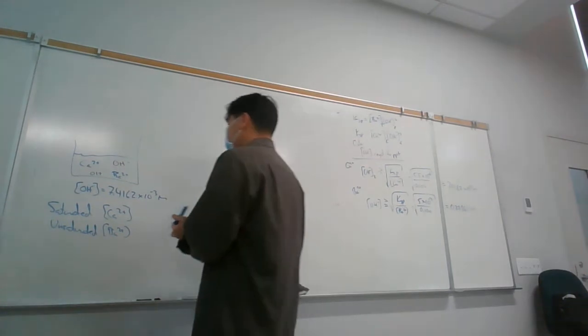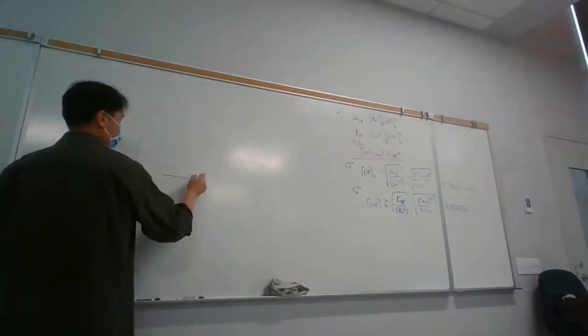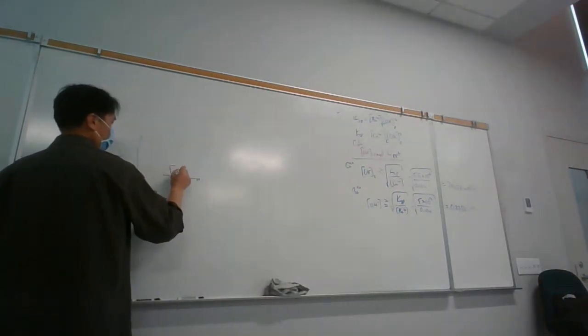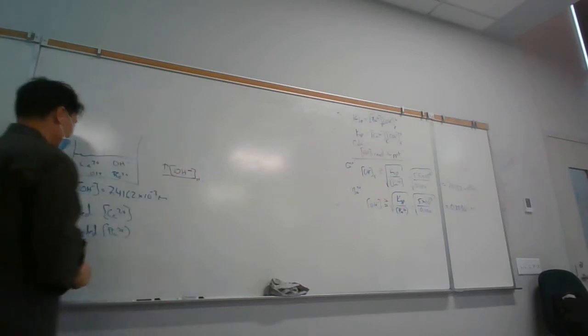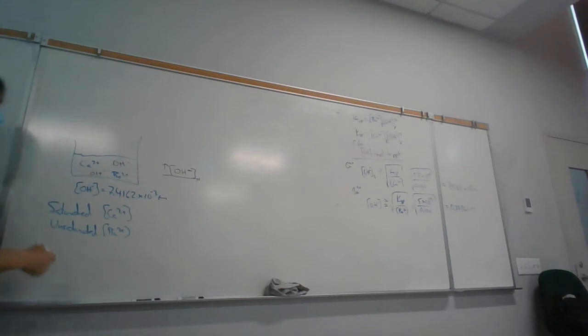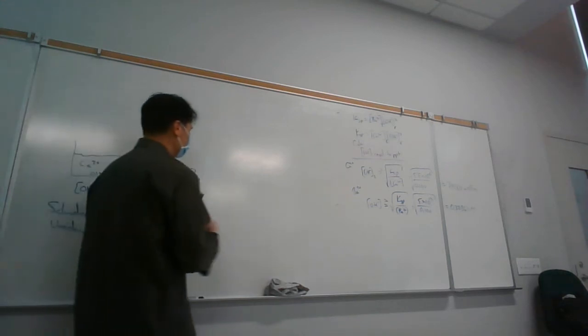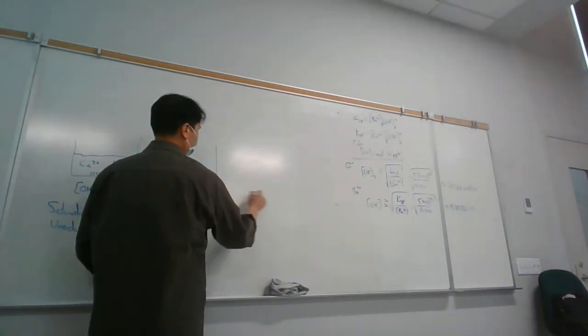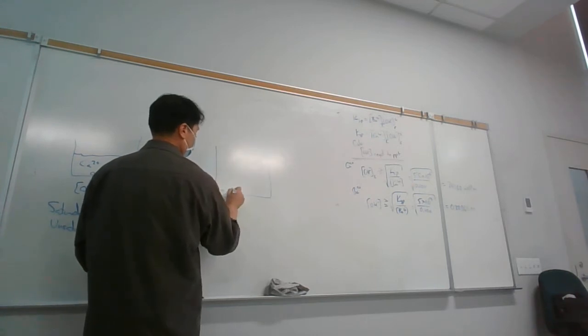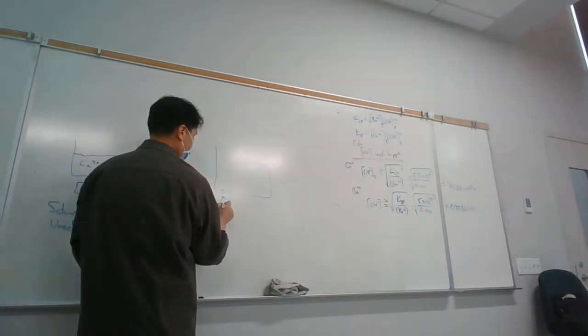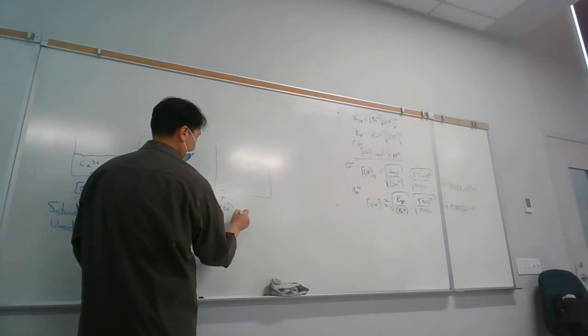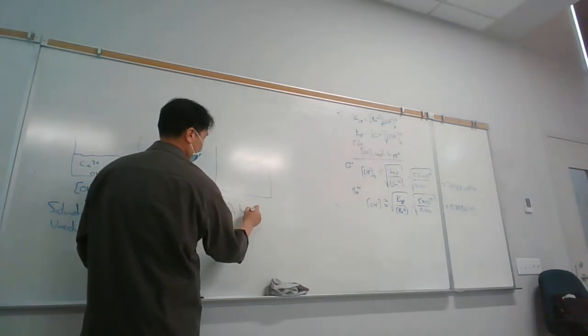So we just add a little more hydroxide and then we supersaturate it with respect to calcium, which means the calcium hydroxide will begin to precipitate.